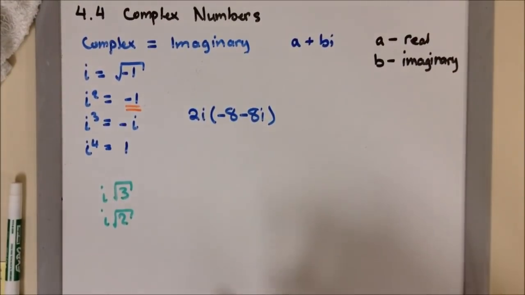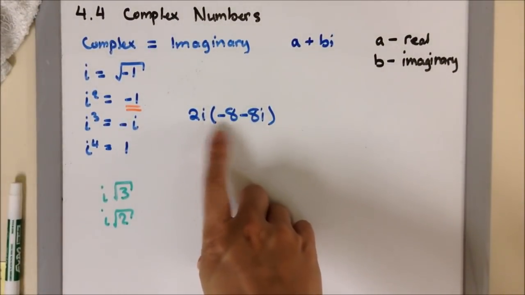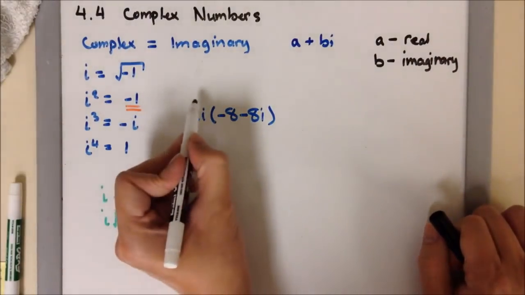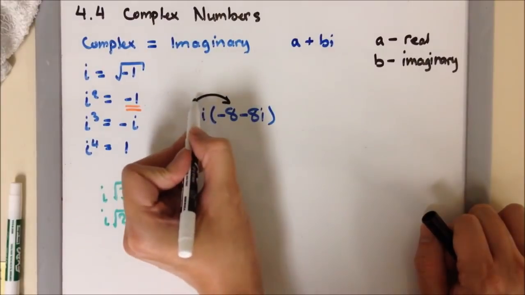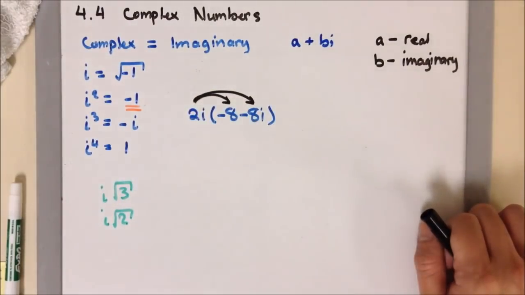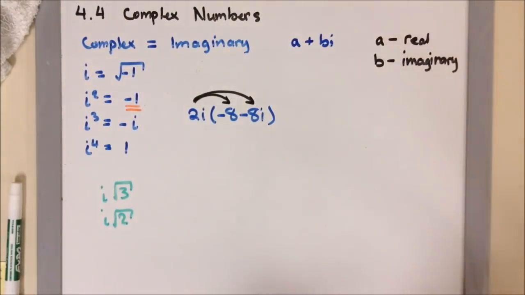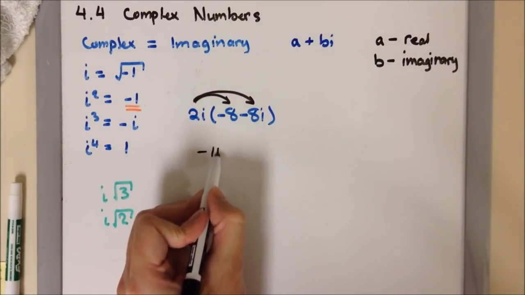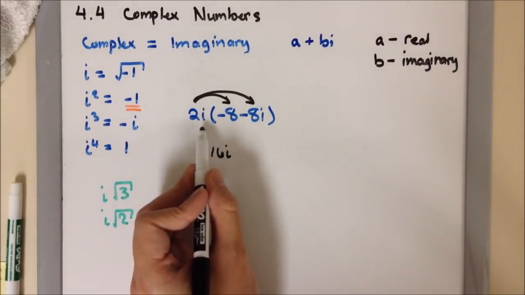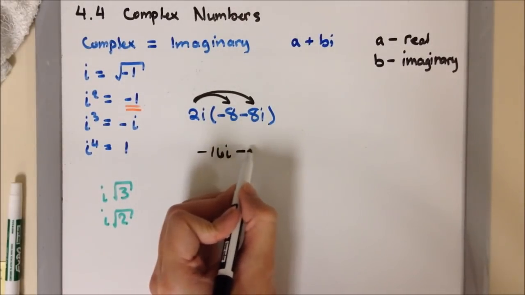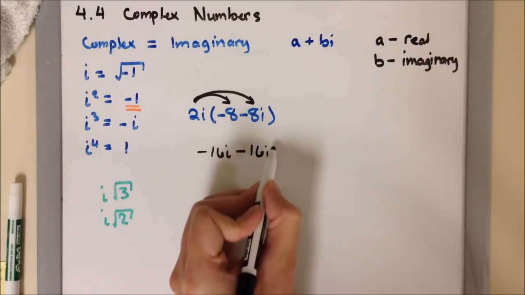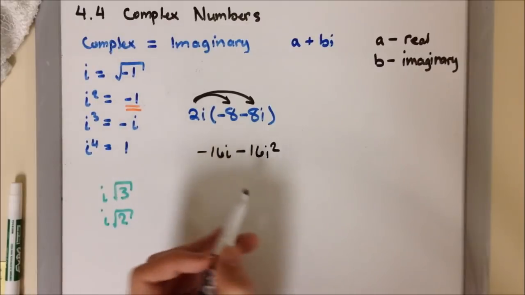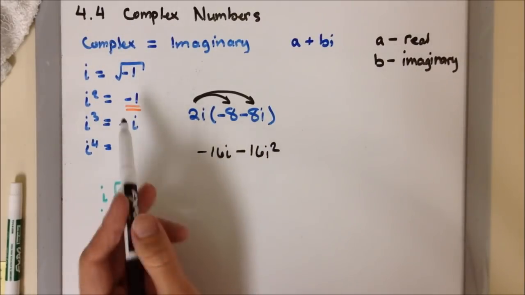In this next example, we have 2i multiplying the difference of negative 8 and 8i. I'm going to distribute my 2i to the negative 8 and to the negative 8i. So 2i times negative 8 will be negative 16i. And then 2i times negative 8i will be minus 16i squared. Remember, i times i is i squared. Since I have i squared, I'm going to switch it out with negative 1.